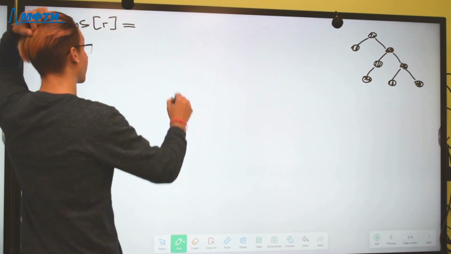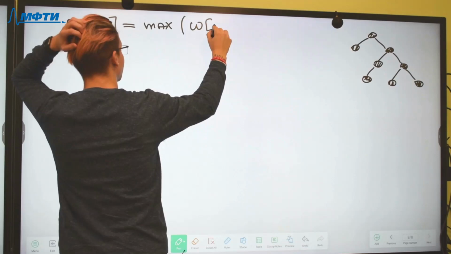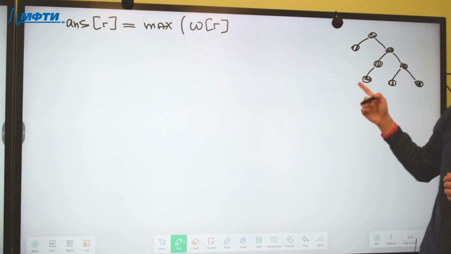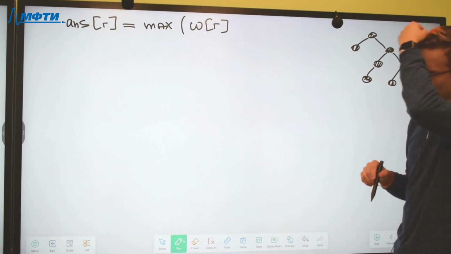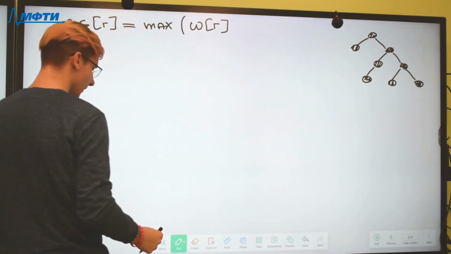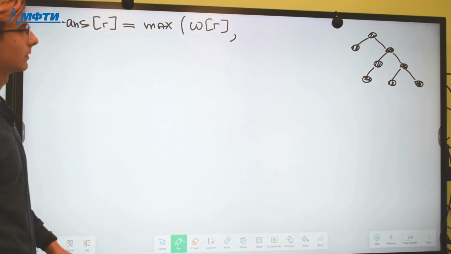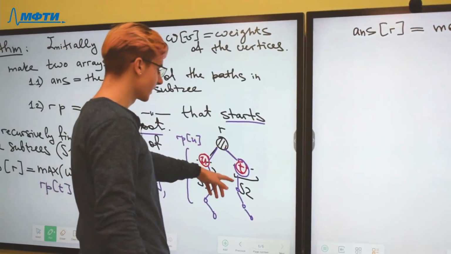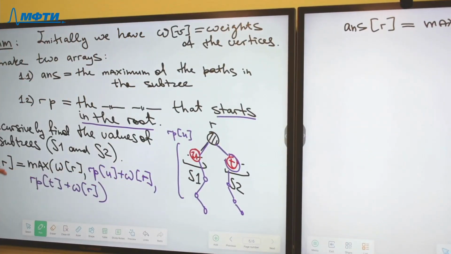Firstly, we can say that the maximum path may consist of only one vertex, as in the RP. But as we understand that there are a lot of paths that end in R, and we know the maximum of them.